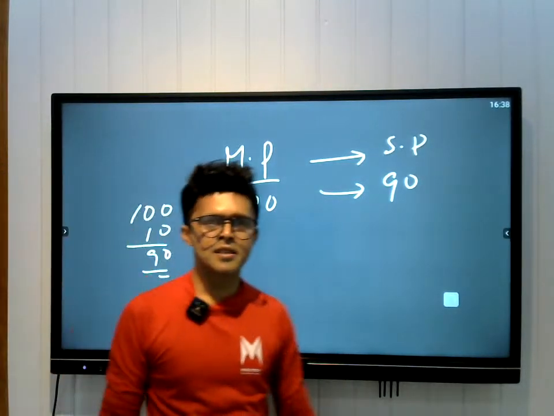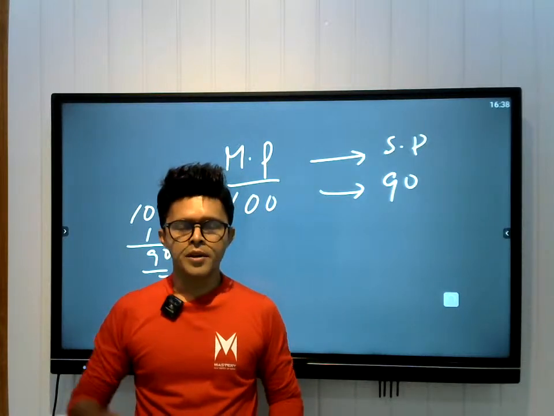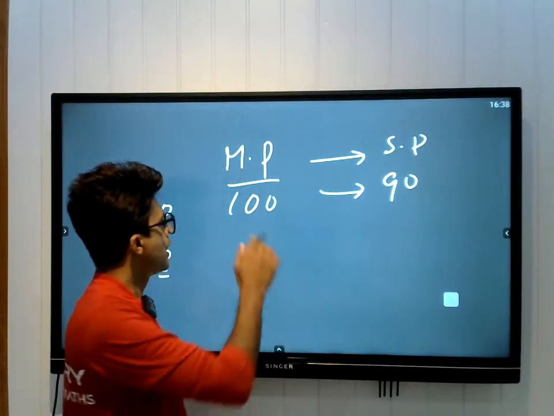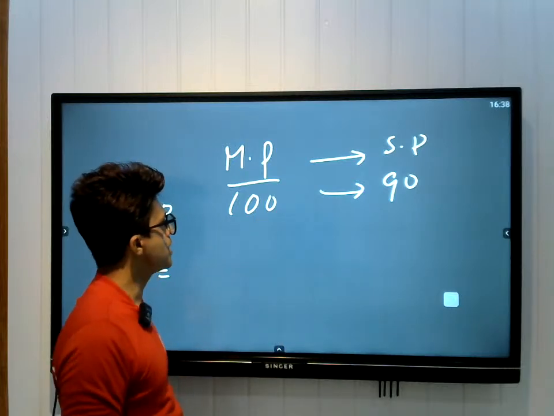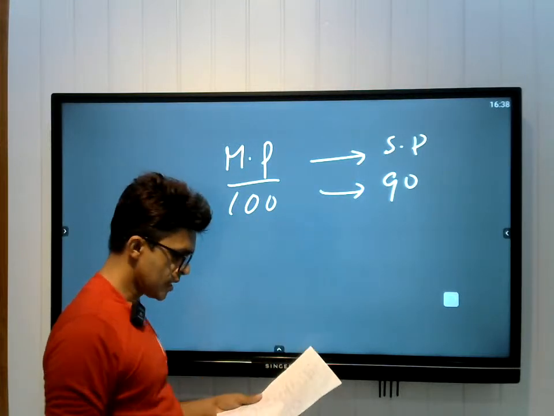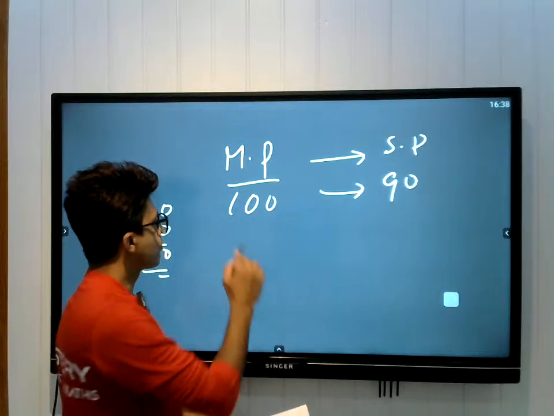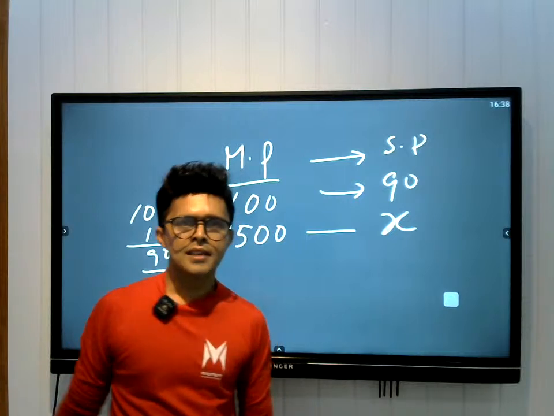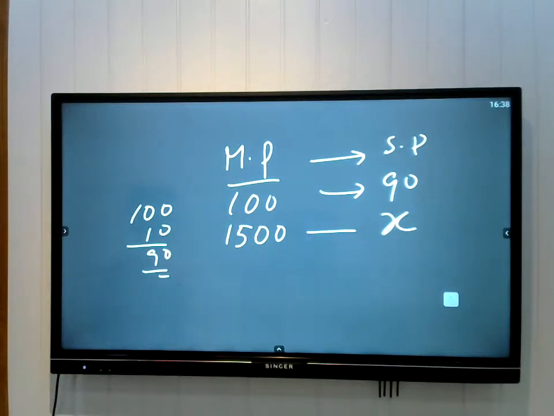It has mentioned the given discount of 10%. So 100 minus 10 is 90. So if the mark price is 100, then the selling price is 90. If the mark price is 1,500, we could get the selling price as X. Okay, we could get the selling price as X.